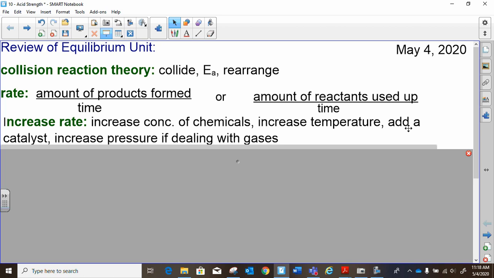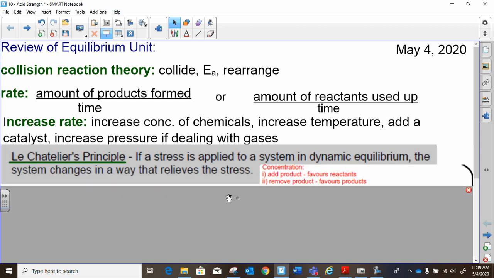A catalyst is a chemical added to speed a reaction up, but when the reaction is over, the chemical is spit back out unused, and it can be reused over and over. And then of course, if you want to increase the rate when you're dealing with gases, you can also increase pressure. Increased pressure means there's more collisions. More collisions mean your chances are higher that you're going to form something new.